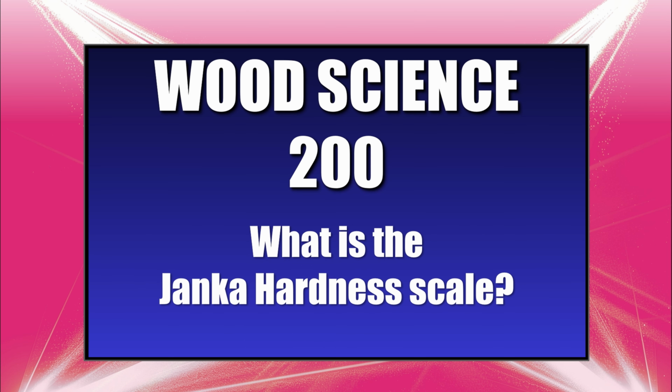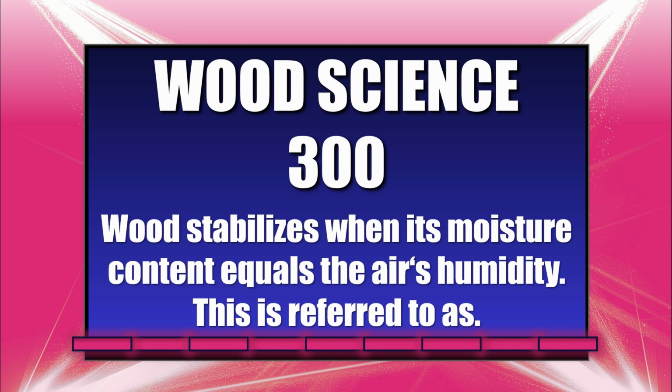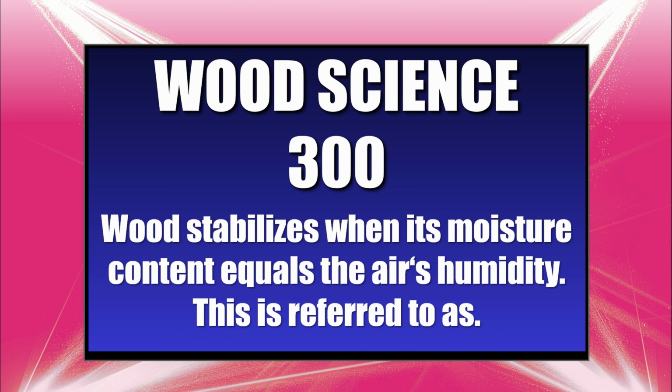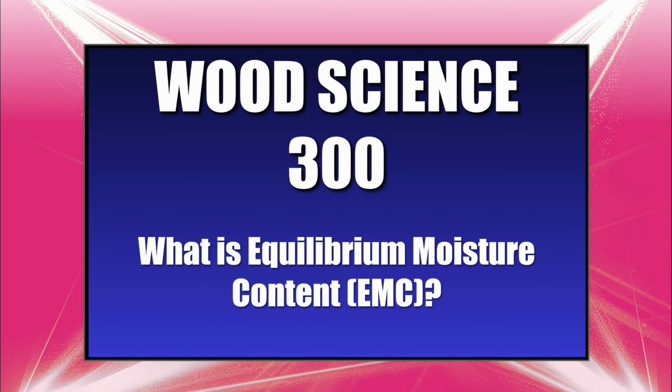What is the Janka hardness scale? Wood science for 300. Wood stabilizes when its moisture content equals the air's humidity. This is referred to as... What is equilibrium moisture content, or EMC?